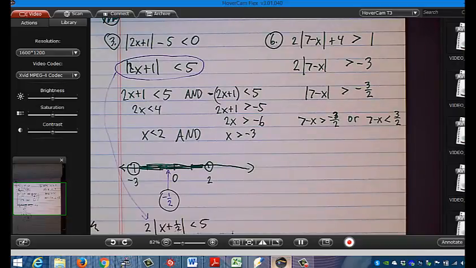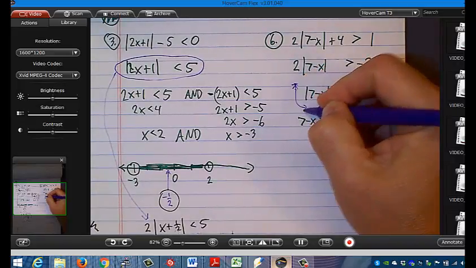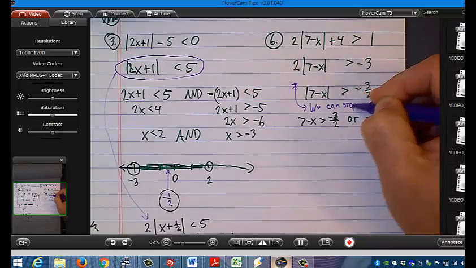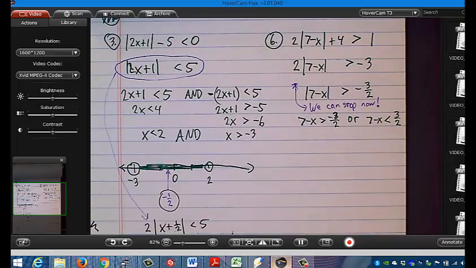By the way, I'm going to point out with a little asterisk right here that we can stop now. And I'll explain why. Or do you know why? All right, let's keep going, and then I'll go back to why we could stop right there. Something to look for with absolute value. Let's keep going and see what it looks like.